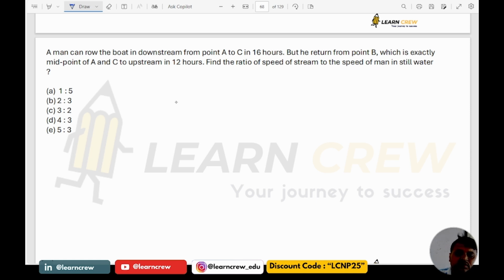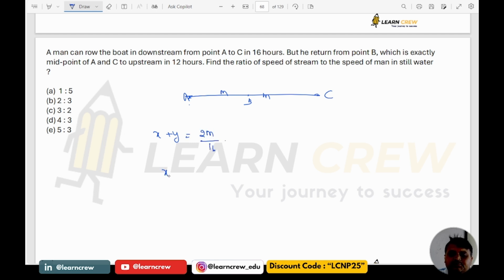So speed of boat in still water is X and speed of current is Y. And it is given that AB is equal to BC, there is AC, B is exactly the midpoint. If this is some M, this is also M. Total AC is 2M. And downstream speed X plus Y is 2M by 16.